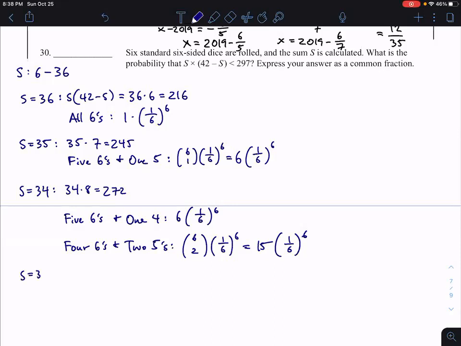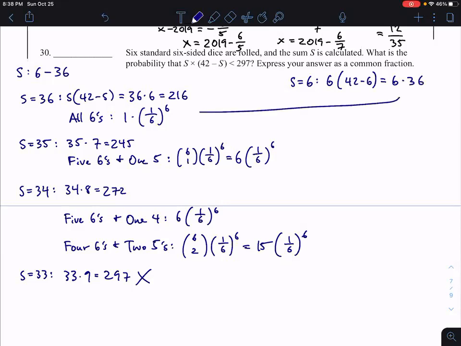Okay. S equals 33. 33 times 9 is equal to 297, and 297 is not less than 297, so this does not work. We can ignore it. Now, you also have cases where S is equal to 6, and you have 6 times 42 minus 6, which is just 6 times 36.